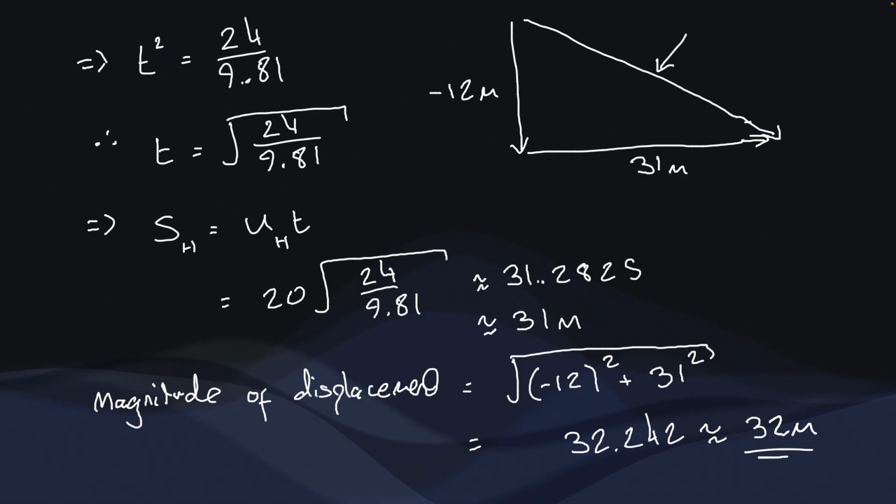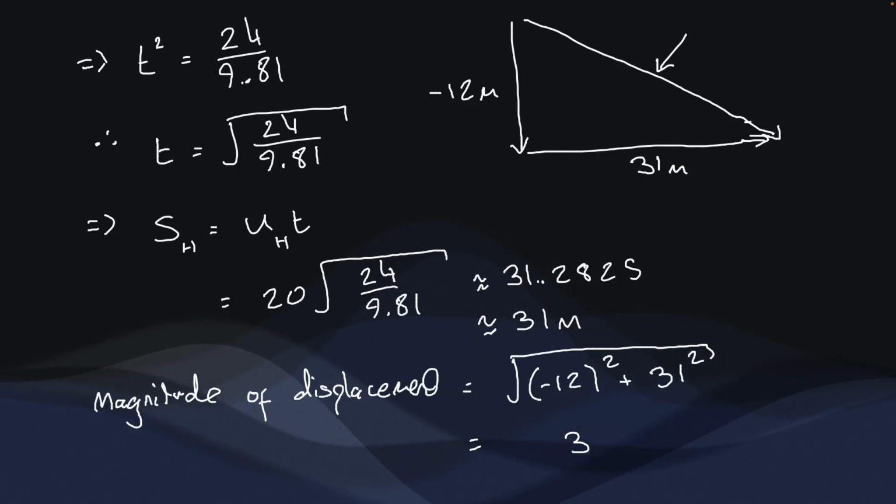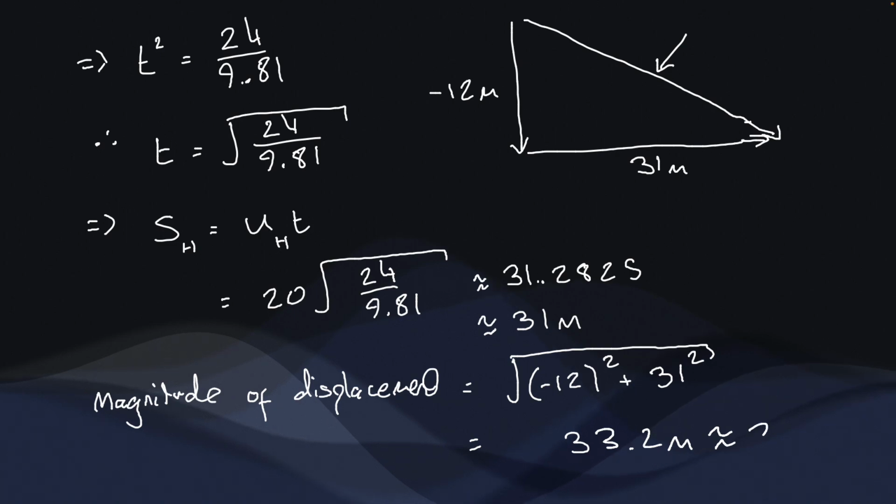Let me just make sure that I remembered that correctly. No, that was 33 meters. Sorry, I didn't write it into the calculator correctly. 33.2 meters, which is approximately 33 meters. And there we go. Here's our final answer.